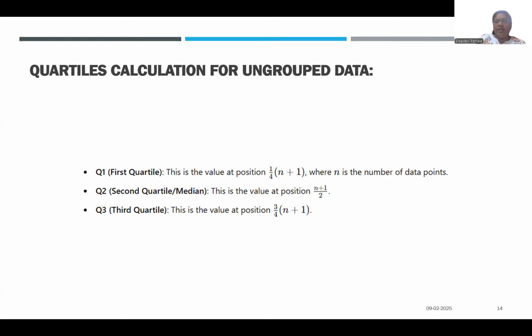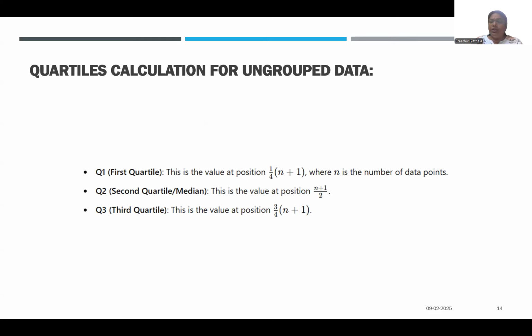Similarly, the second quartile is called the median quartile. Whenever it is in the middle, you call it the median, and you know how to calculate it: (n plus 1) by 2. And the third quartile is 3 by 4 times (n plus 1). For ungrouped data, these are the three formulas to calculate Q1, Q2, Q3.